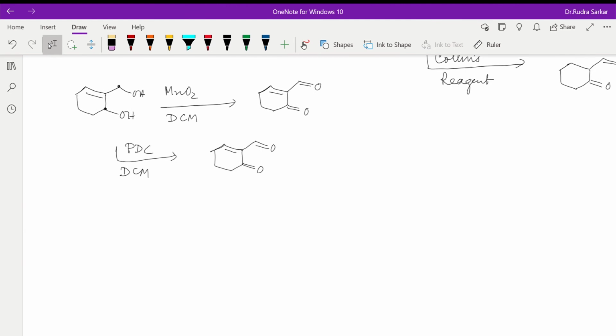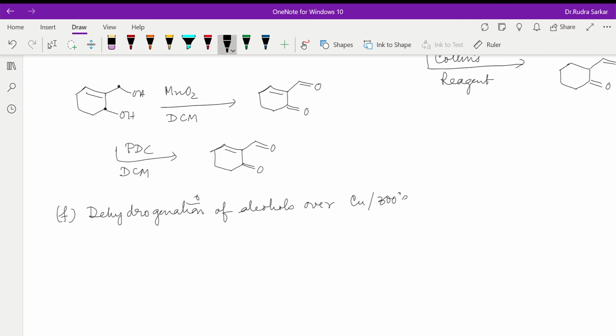The other procedure by which one can produce aldehydes and ketones is via dehydrogenation of alcohols over copper, say at 300 degrees centigrade, or Ag using the same temperature.